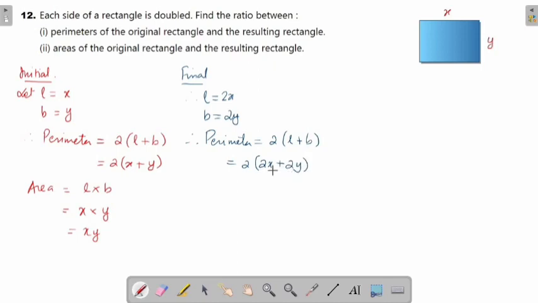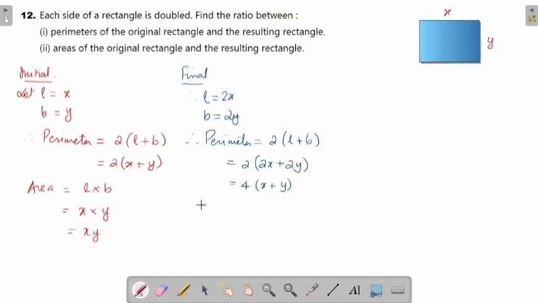Is there anything common here? I see that 2 is common, so bring that 2 outside. That 2 and this 2 get multiplied, so 2 into 2 is 4. You are left with x plus y here. So this is the perimeter of the resulting rectangle.